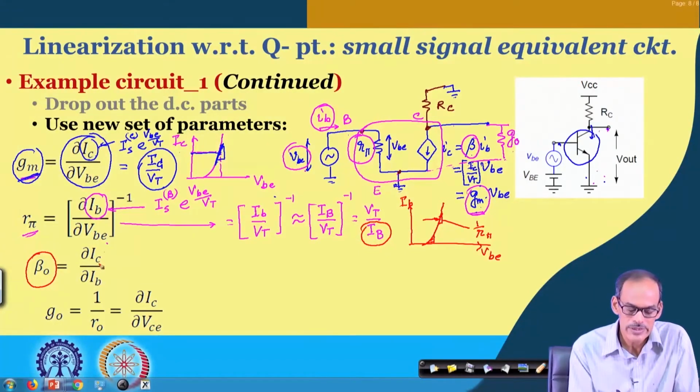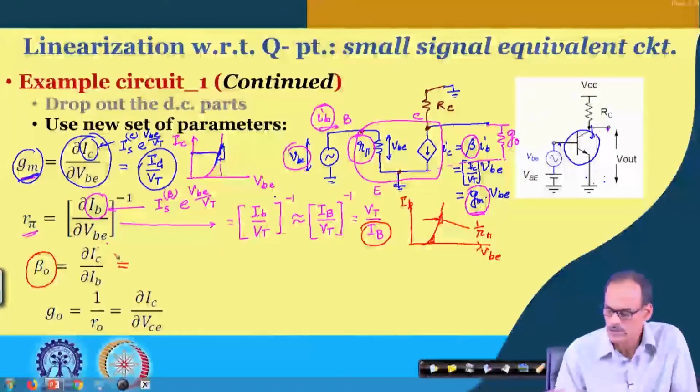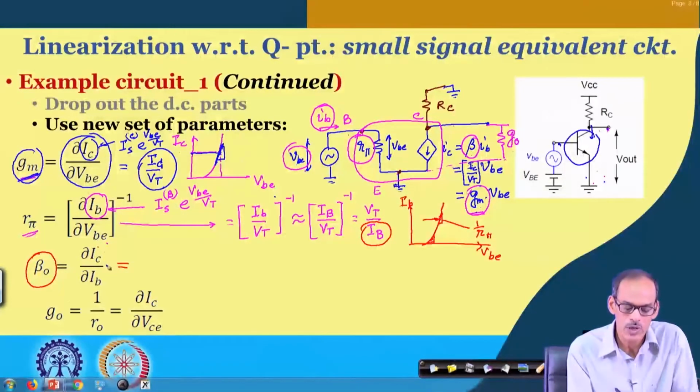So, obviously, this is different from the ratio of capital IC by capital IB. In fact, instead of writing dou IC divided by dou IB, since the relationship is fairly linear, it is normally written in the form of small ic divided by small ib.